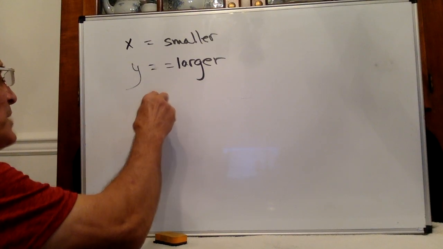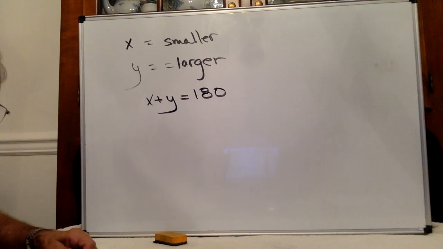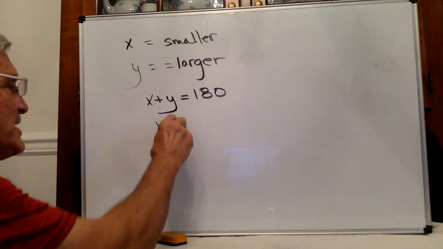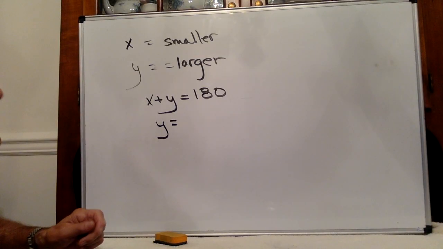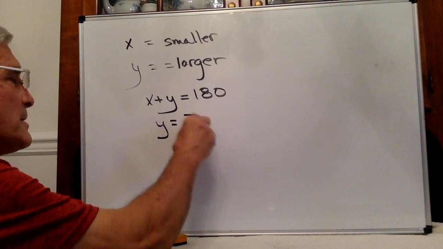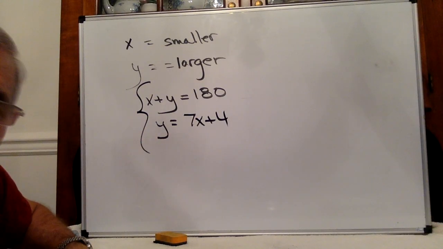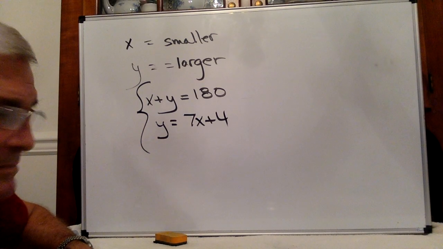I know that x plus y is equal to 180. There's supplements. And it said the larger, y, is equal to 4 more than 7 times the smaller. So there's your system if you did it in two variables.